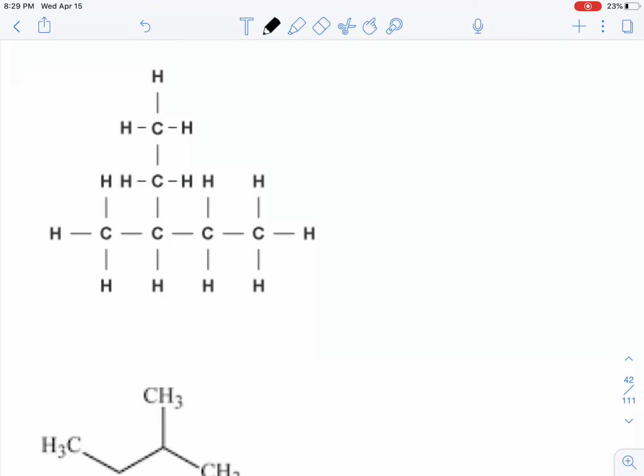Let's go ahead and start. So what is our first step when we try to name alkanes with substituents, or just naming organic compounds? Our first step is always to determine the parent chain. And the parent chain can be found by the longest consecutive carbon chain.